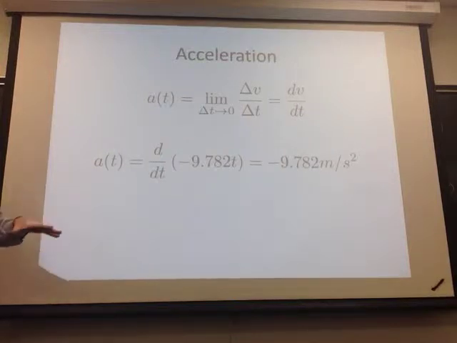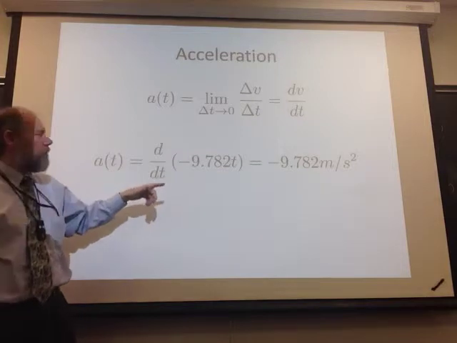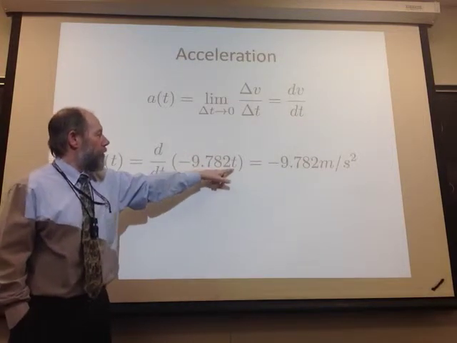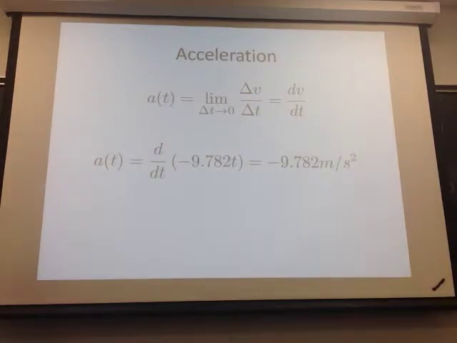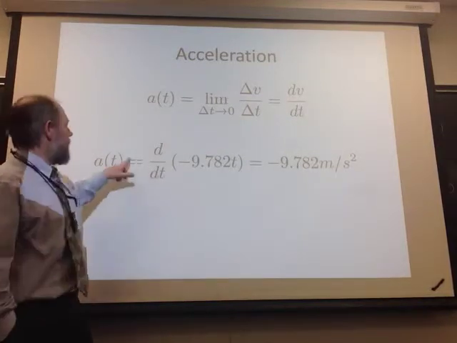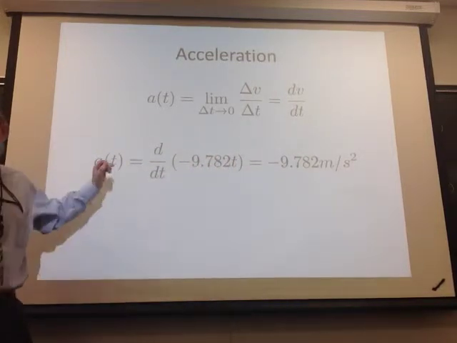So when that ball hits the ground at 0.452 seconds, I'm sorry, take the derivative of minus 9.782 times t to get the acceleration.